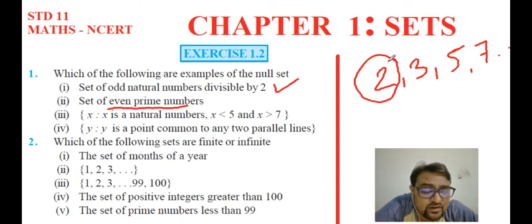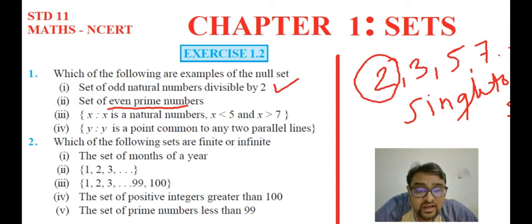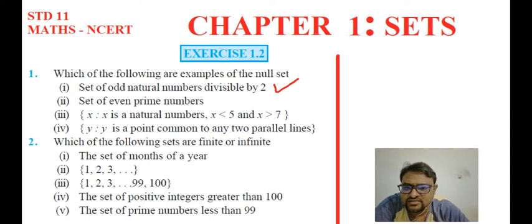That means it is a singleton set. It is not a null set. So we will put a cross. This is not a null set. Instead, it is a singleton set.